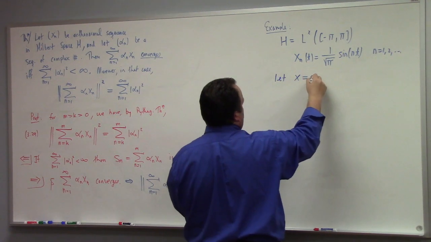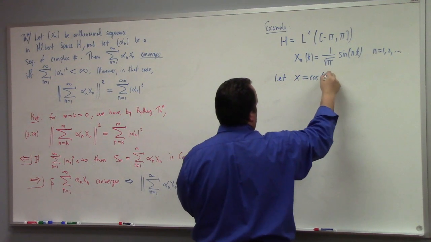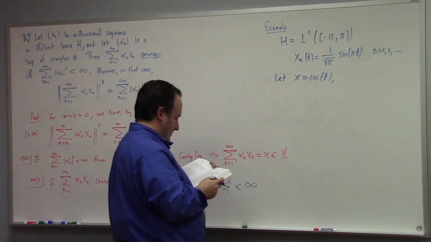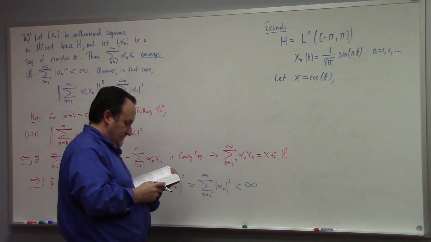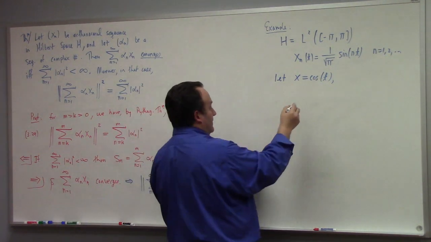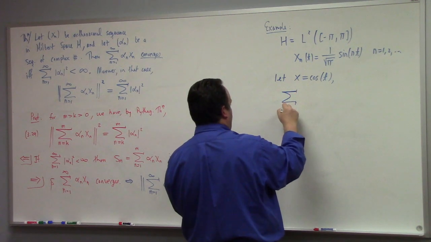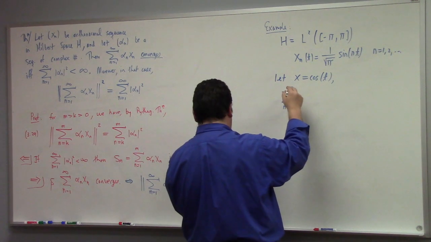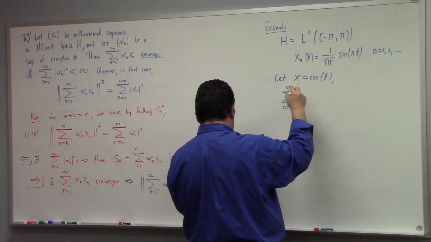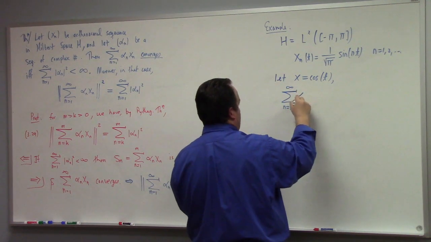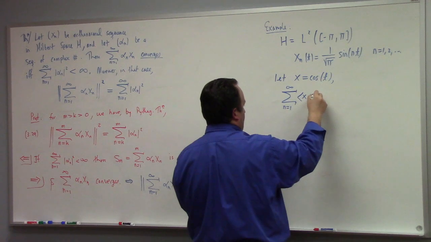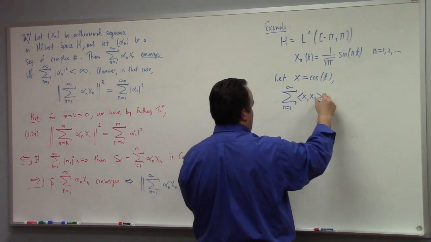And if you let x equal cosine t, you can calculate the sum, n equals 1 to infinity, of the inner product of x with x_n times x_n of t.